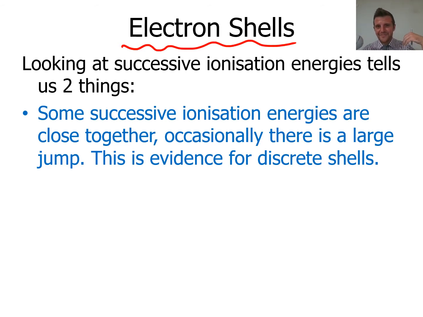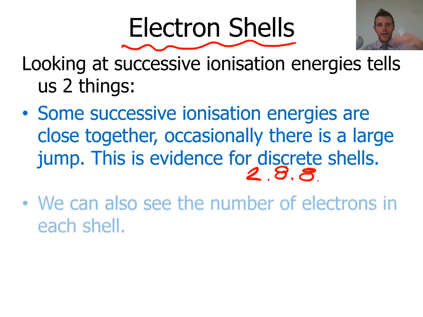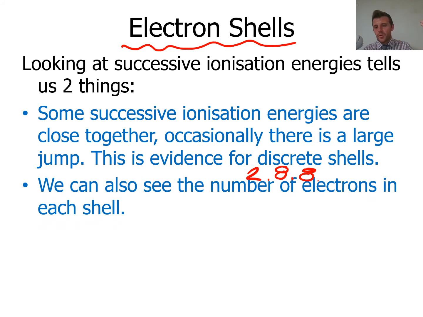This is evidence for discrete shells, in other words, this 2-8-8 pattern that you have seen before. We can also see the number of electrons in each shell. Once again, this 2-8-8: the first energy level holds 2 electrons, the second one holds 8, and the third one holds 8.